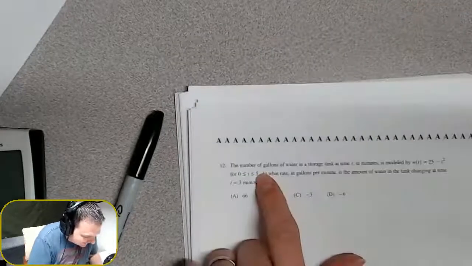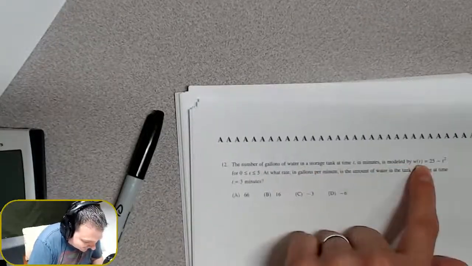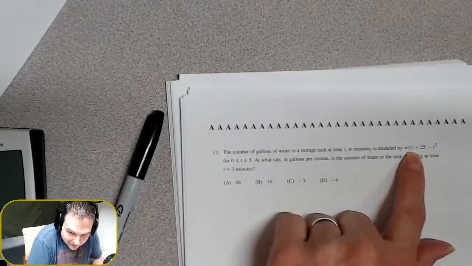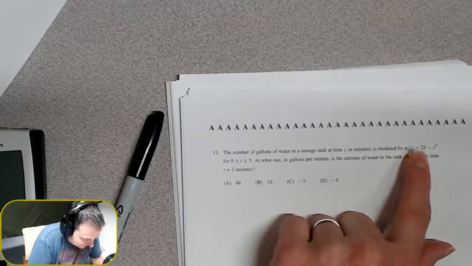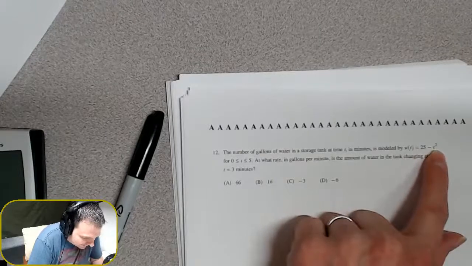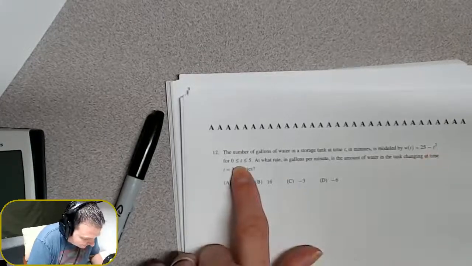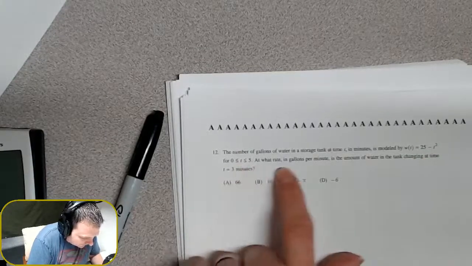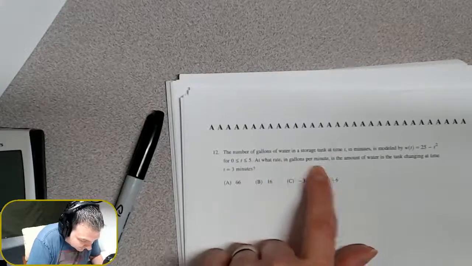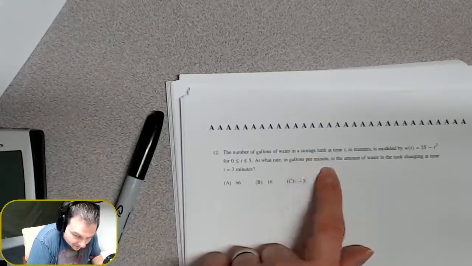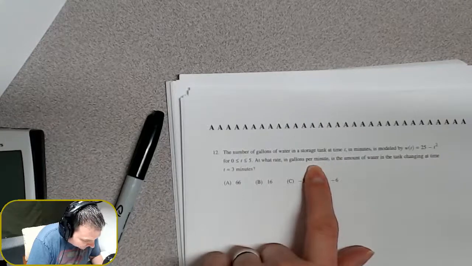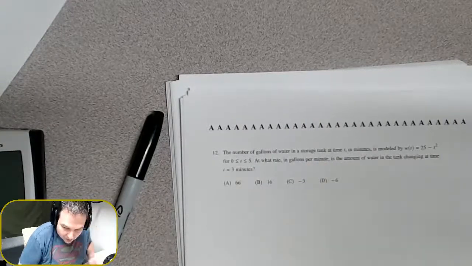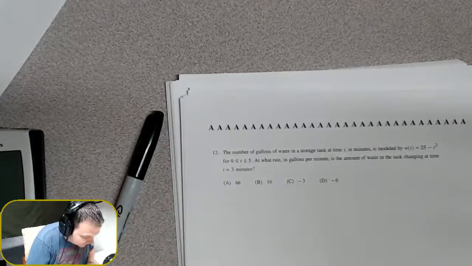Okay, the number of gallons is given by this equation. So they gave us an equation here: 25 minus t squared. At what rate, gallons per minute, again, units always give it away, gallons per minute, is the tank changing? So they're talking about at what rate things are changing.